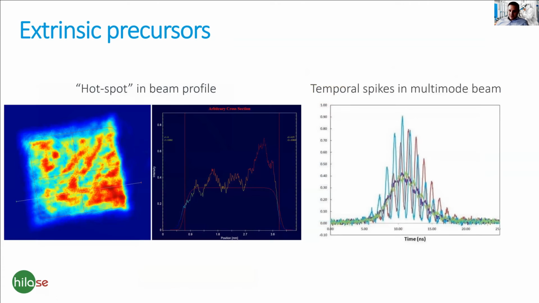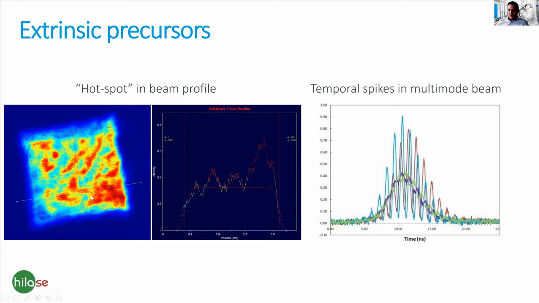Now it's not just about the contamination, it's also about the beam itself. You should be quite careful when you are considering your beam profile, because usually what you have is just some average value of the intensity or energy or whatever, and the vague notice of the beam shape.